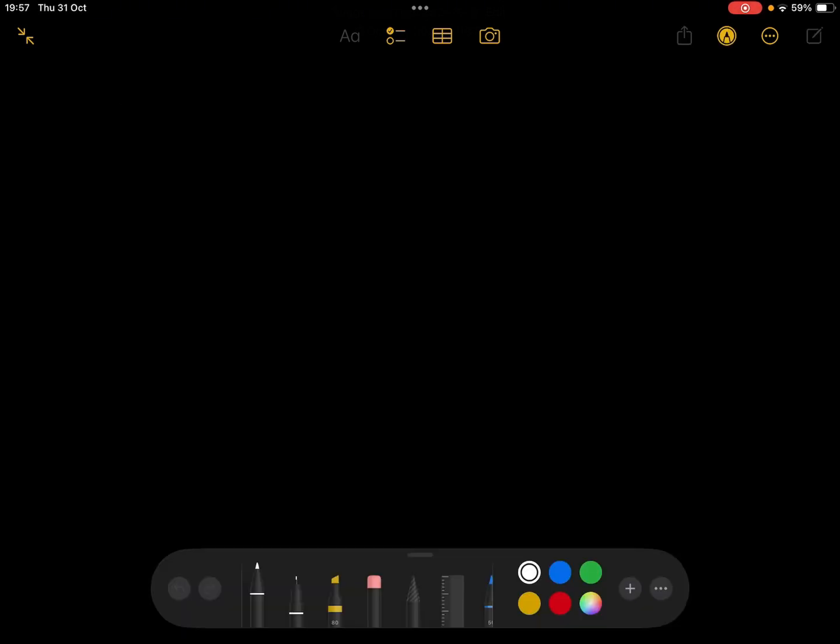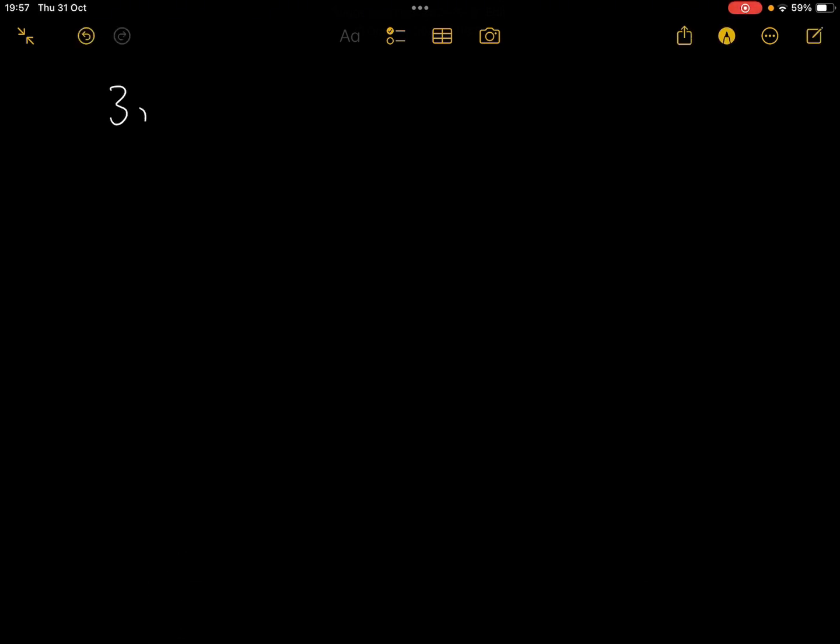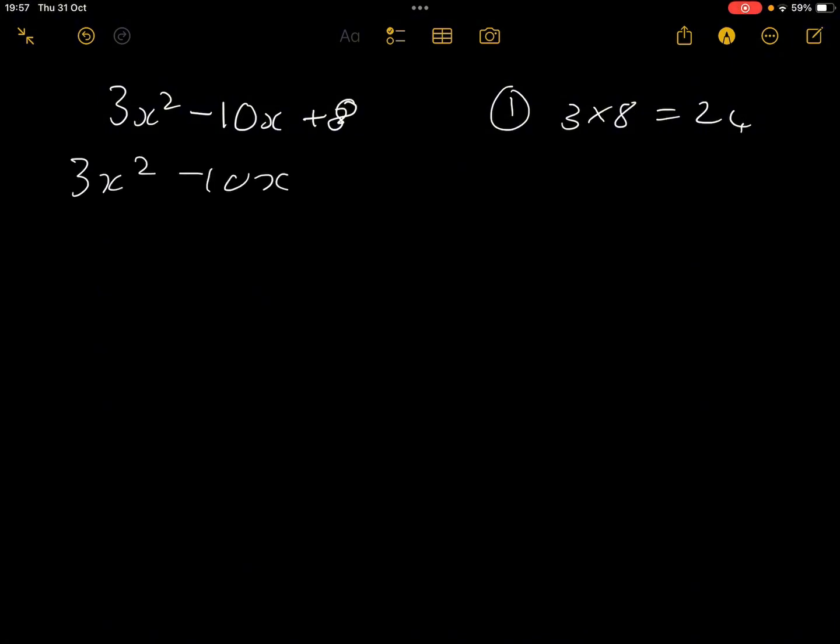We have our second example now. It will be 3x squared minus 10x plus 8. So we're going to do our first rule, which is 3 times 8, which is 24. So we rewrite that as 3x squared minus 10x plus 24.